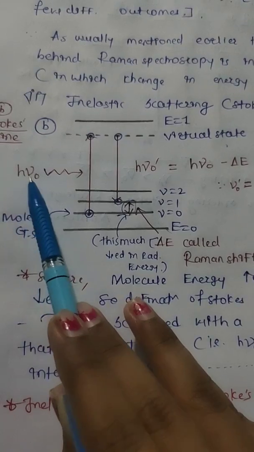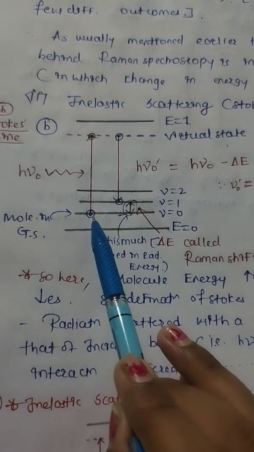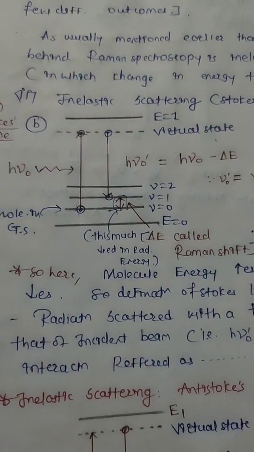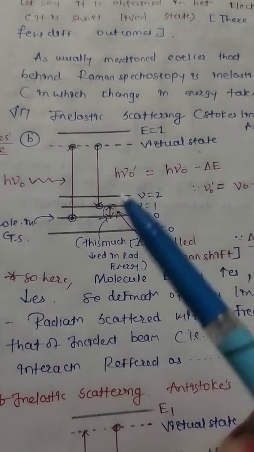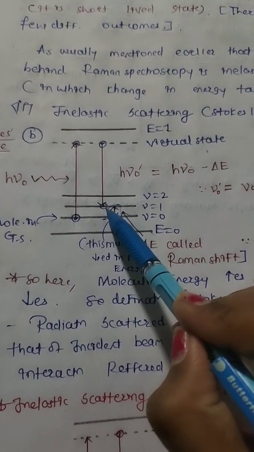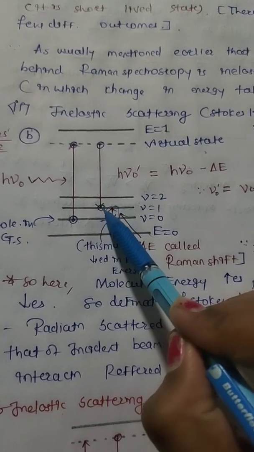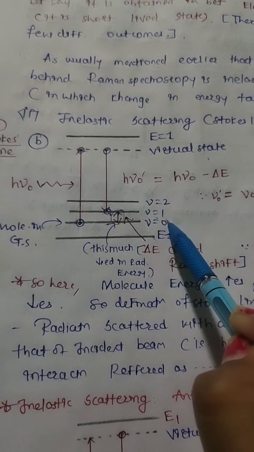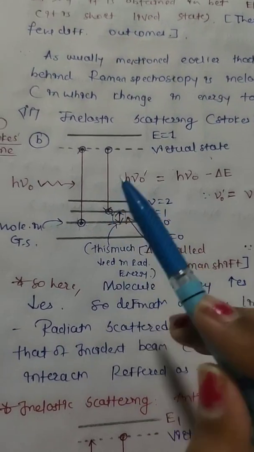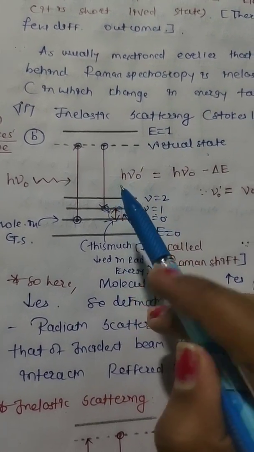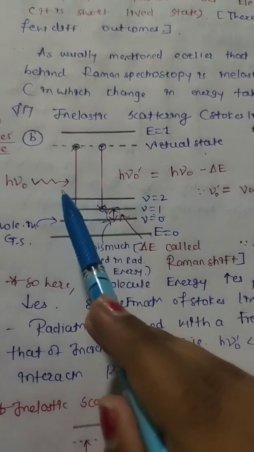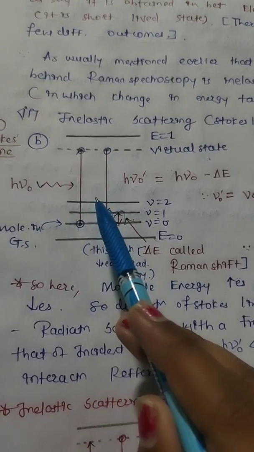When an incident photon of energy hits the molecule, it is excited from the ground vibrational level to the virtual state, and it again comes back to the first vibrational level, that is V equal to 1.